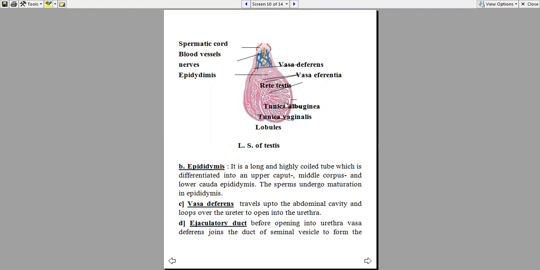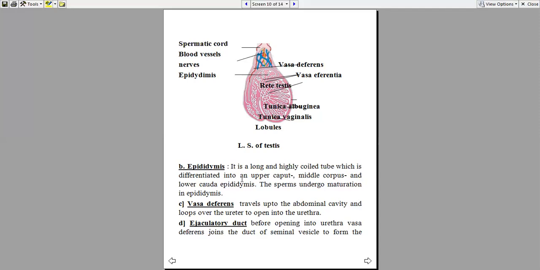All these seminiferous tubules form a network here called rete testis. This rete testis gives out tubules outside, and they are called vasa efferentia. All these vasa efferentia join here at epididymis, and epididymis further joins to form vasa deferens. So this L.S. of testis diagram is also quite important, so you need to draw this diagram in your notebook.